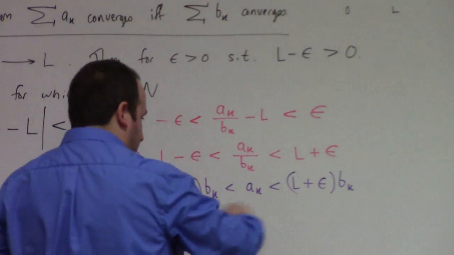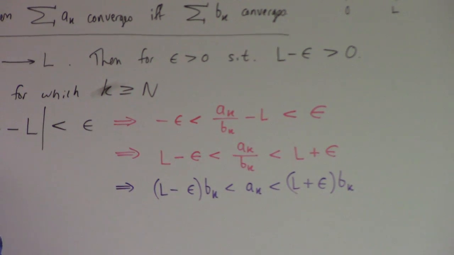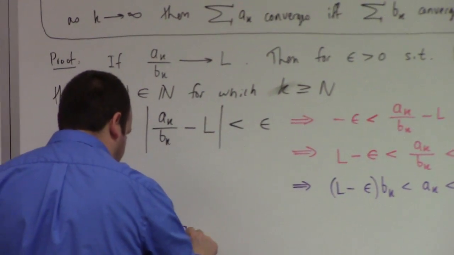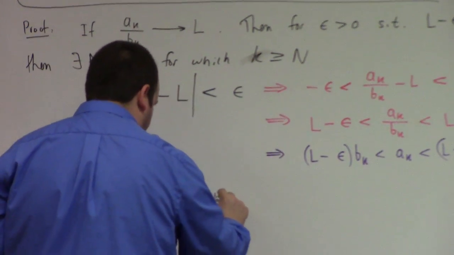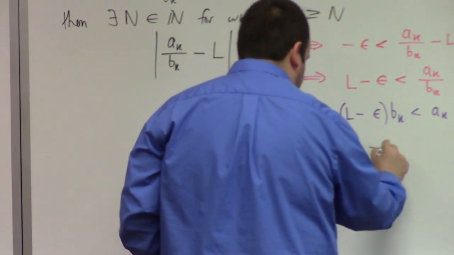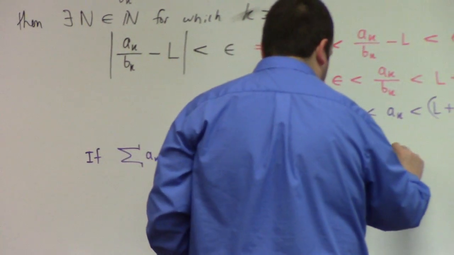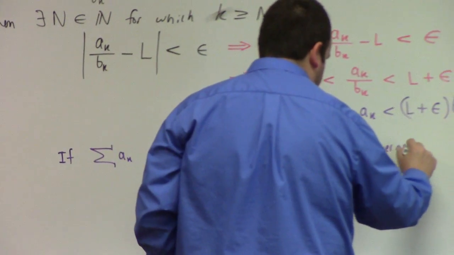So once I have this, I can just break into cases. If the series a sub k converges, then the series L minus epsilon times b sub k converges by the basic comparison test.